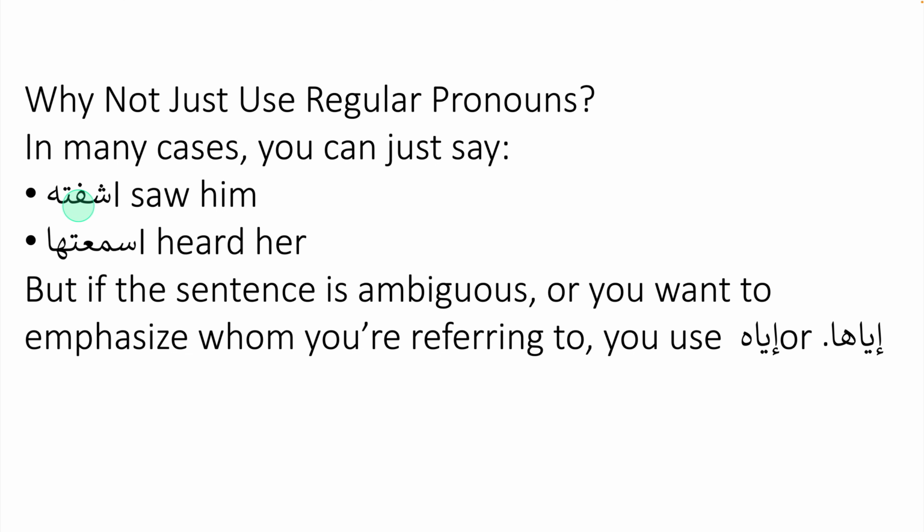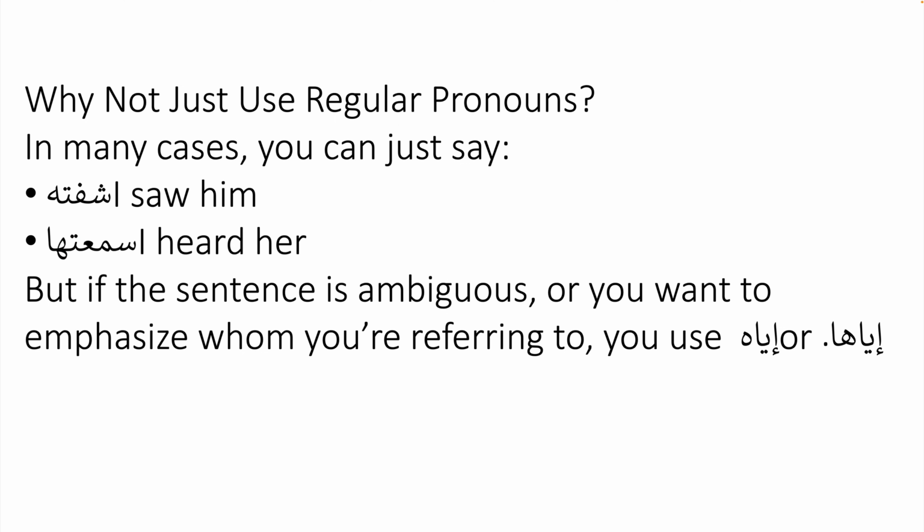So I saw him, instead of using this object pronoun like iyyah to add it within the sentence. And as I mentioned earlier, the main reason for it is to put more stress on this object and to be a little bit more emphatic, for example. And then we've got the second example, I heard her. So سمعتها, I heard her.